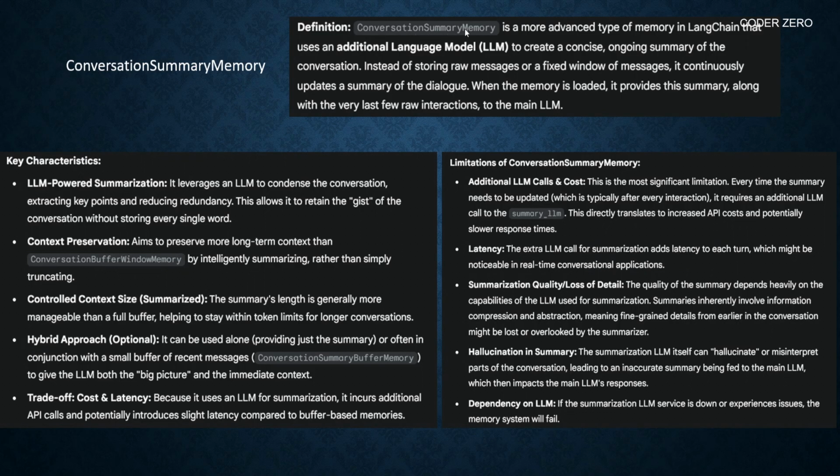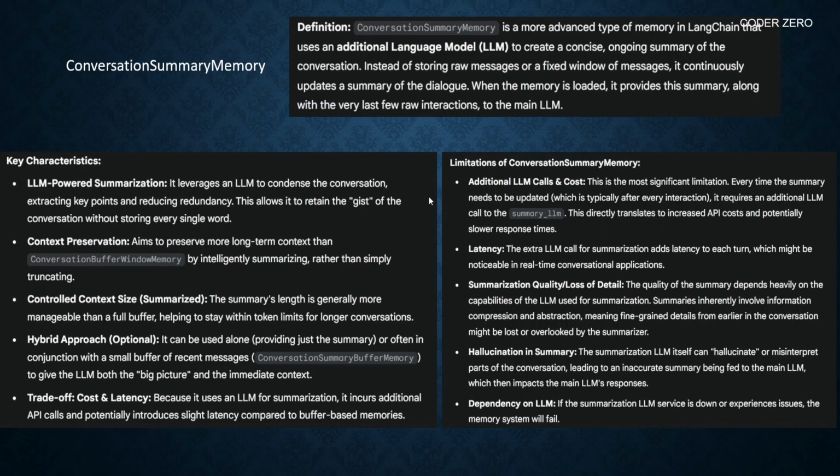Conversation summary memory is a more advanced type of memory in LangChain that uses an additional language model to create a concise ongoing summary of the conversation. Instead of storing raw messages or a fixed window of messages, it continuously updates a summary of the dialogue. When the memory is loaded, it provides this summary along with the very last few raw interactions to the main LLM.